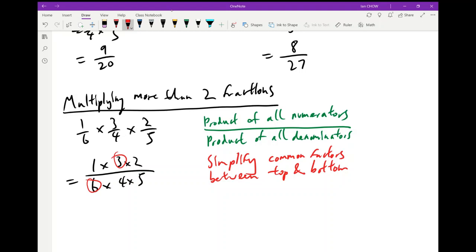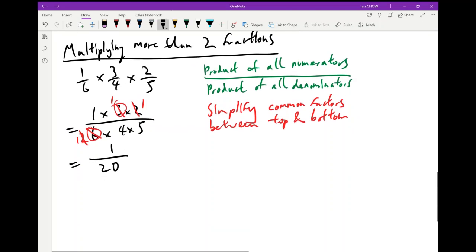If I divide the 3 by 3 and the 6 by 3, that becomes 1, and this becomes 2. And then we also have here 2 and 2. They can cancel out. They become just 1 and 1. They don't just cancel out and become 0. Please note that, okay? When we cancel out same numbers, they become 1. And so the top now becomes 1. 1 times 1 times 1 is 1. And then the bottom becomes 1 times 4 times 5, which is just 4 times 5, which is 20. So we have a fraction of 1 over 20.